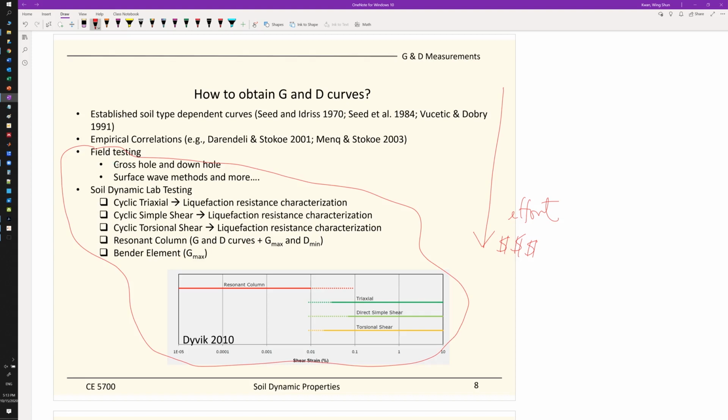So you have the cyclic triaxial, the cyclic simple shear, the cyclic torsional shear, and the resonant column. The torsional shear and resonant column usually come together in the same device.